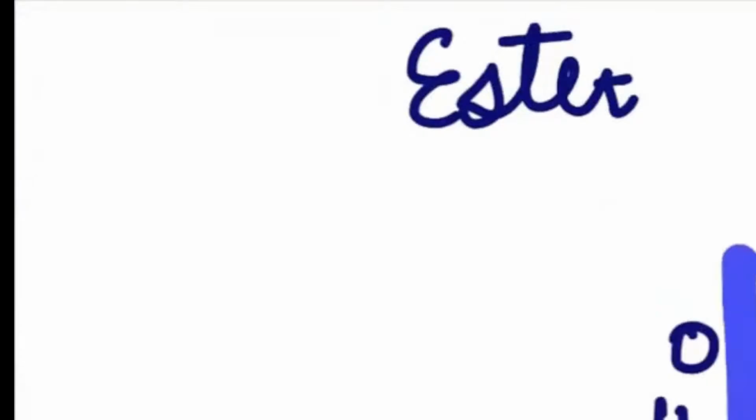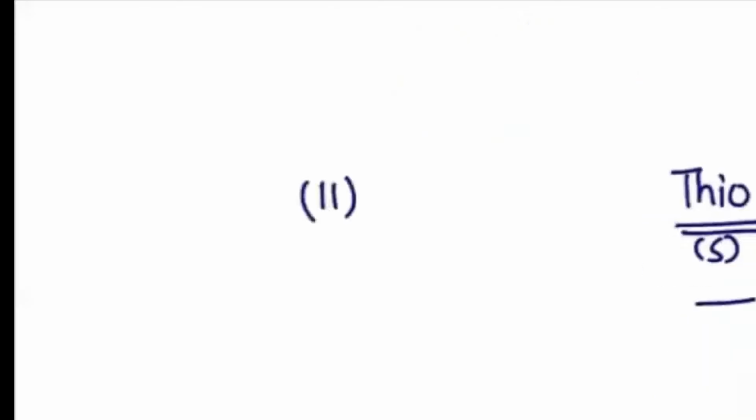Now this is slightly tricky. Can you observe? Your main chain starts from this carbon. Then you write the number. For example, if you have to write the name for this compound, I'll say one carbon here and one carbon here. So what is this? Methyl.